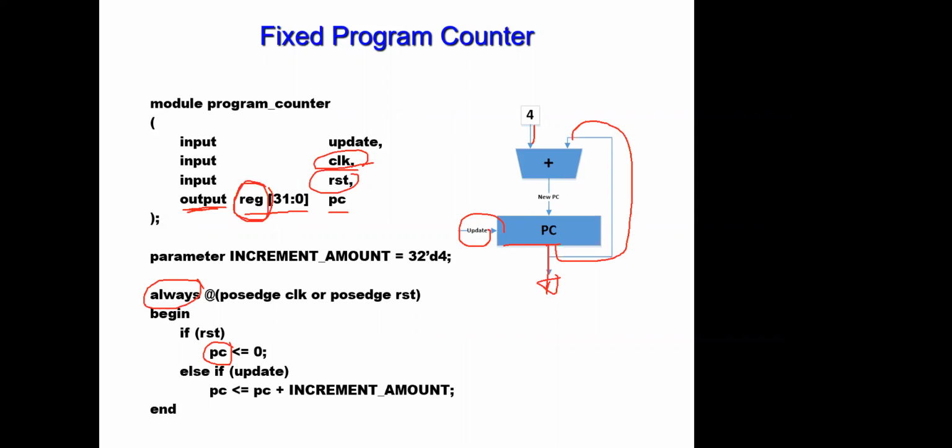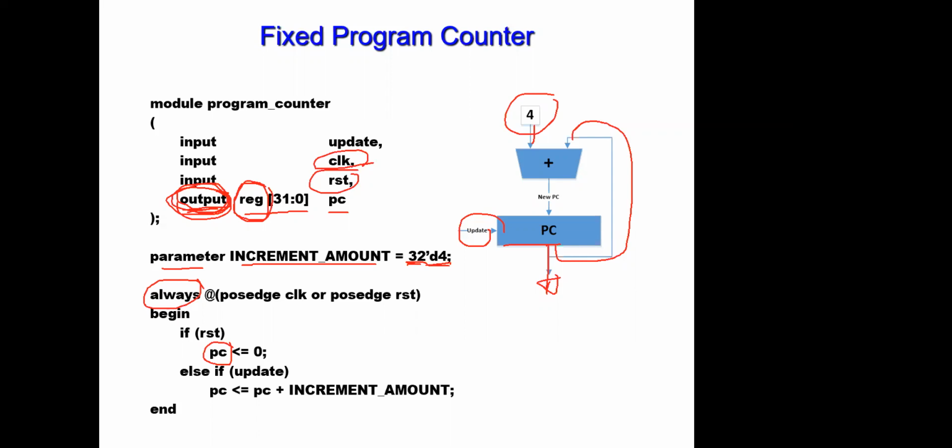For your information, in some other cases, since it is an output, I don't have to define it as a register. I also have to define this one, so I will define a parameter called increment amount, which is basically decimal 4 written in 32 bits.